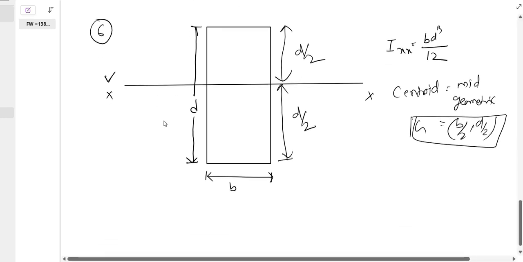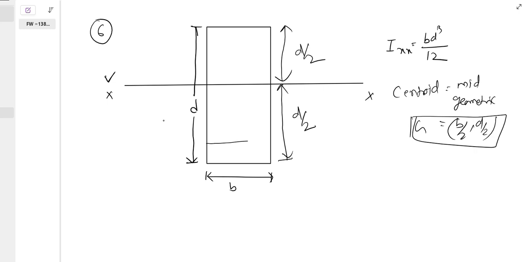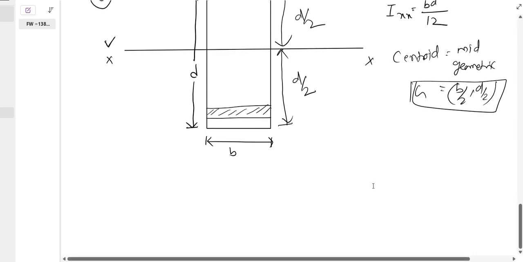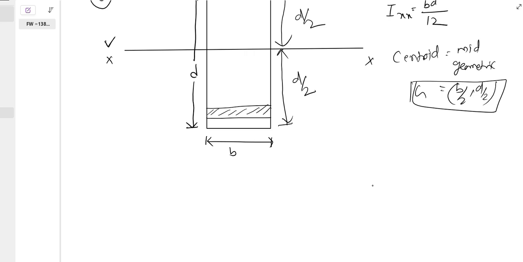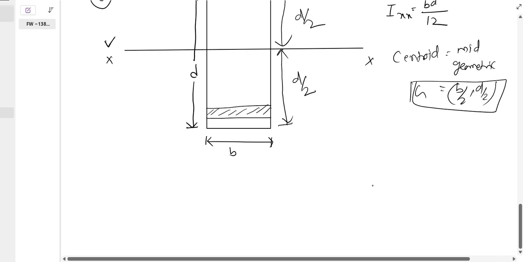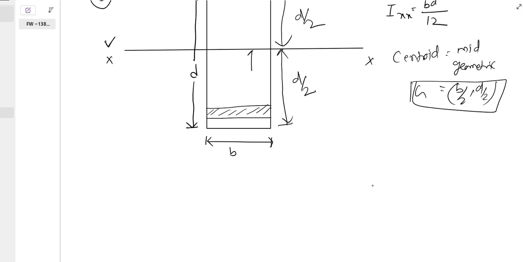Okay, let's take a small section over here. So let's take a small section whose centroid is lying at a distance of y from the x axis, and let the depth of this section be dy.